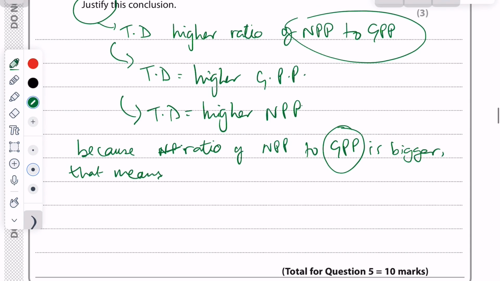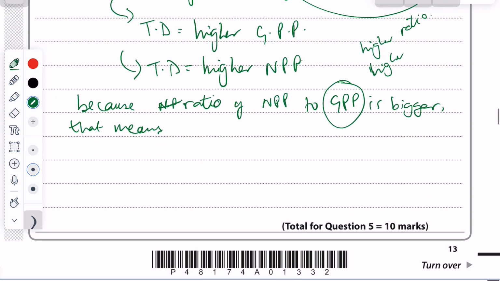So the higher the ratio, the more of the productivity remains, and there's lower respiration.